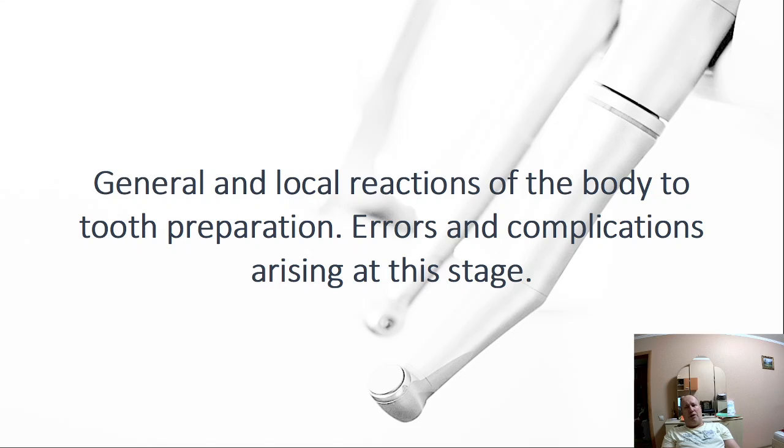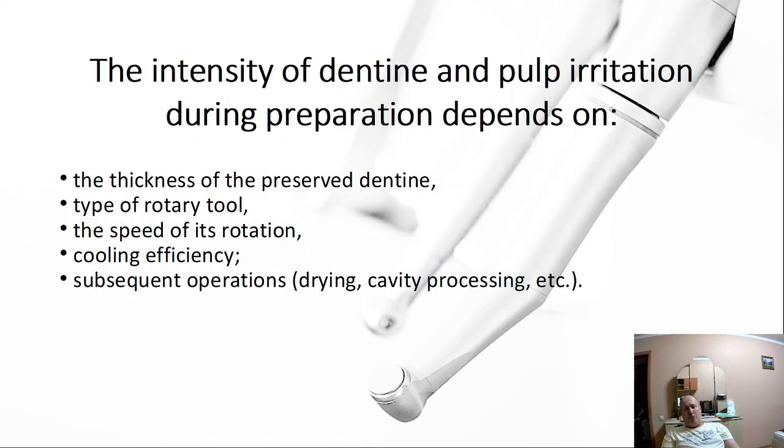General and local reactions of the body to the preparation. The intensity of dentine and pulp irritation during preparation depends on the thickness of the preserved dentine, type of tool, the speed of its rotation, cooling efficiency, and subsequent operations.